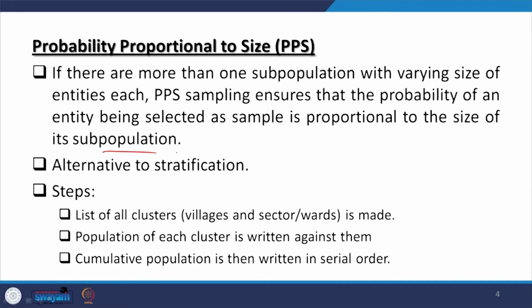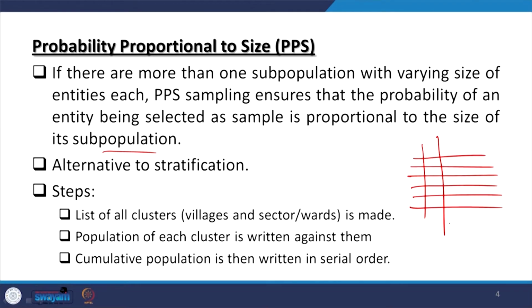So, the steps involved in probability proportional to size sampling include a list of all clusters. Clusters may be villages or sectors or wards, the way we have just discussed before, and the population of each cluster is written corresponding to that cluster. So, let us consider one Excel sheet. In the Excel sheet we can enter the details carefully.